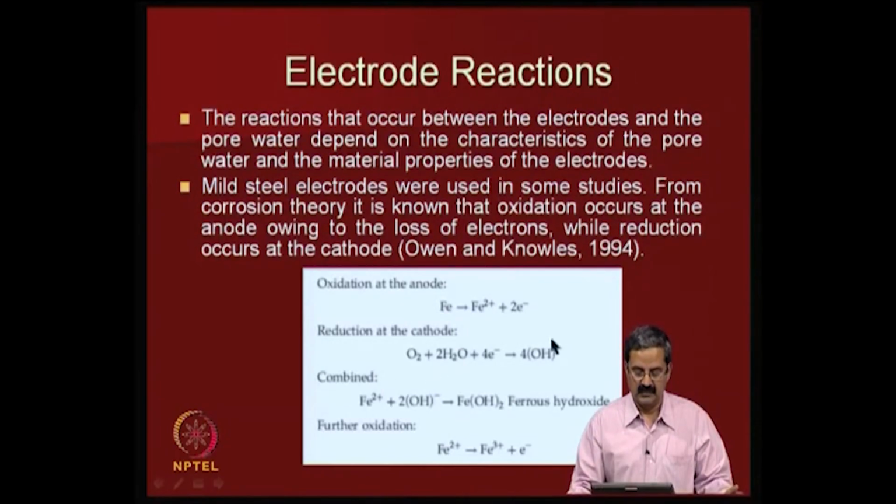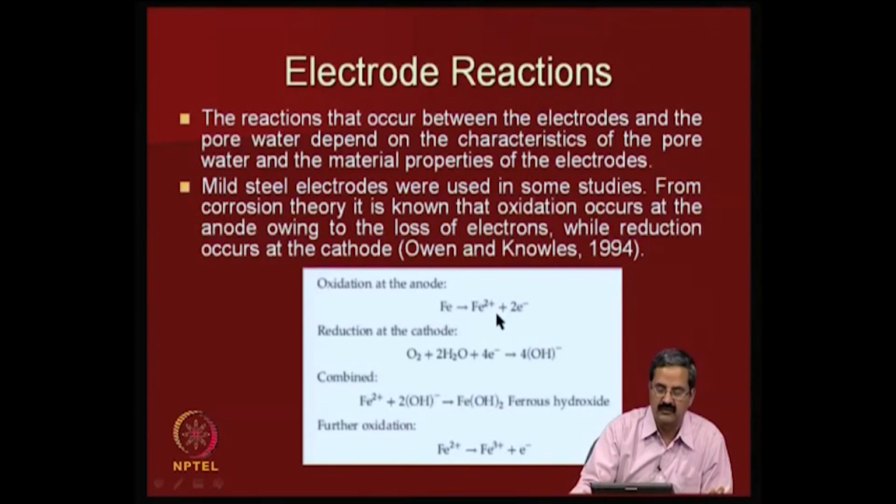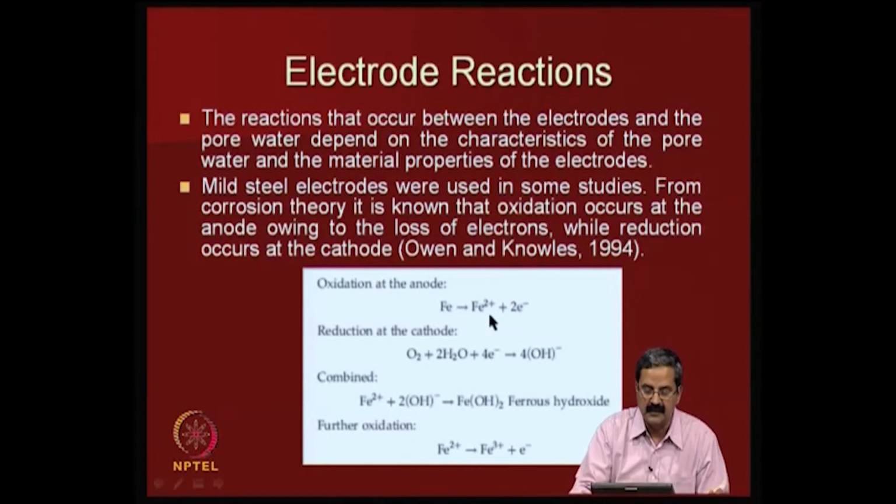Iron gets converted to ferric material, with oxidation at the anode and reduction at the cathode, a combined influence like this. It goes from ferrous to ferric, and this sort of chemical reaction is something we are familiar with as corrosion.